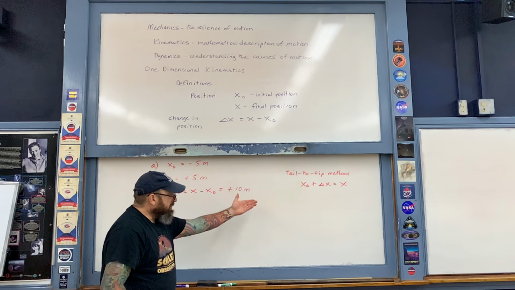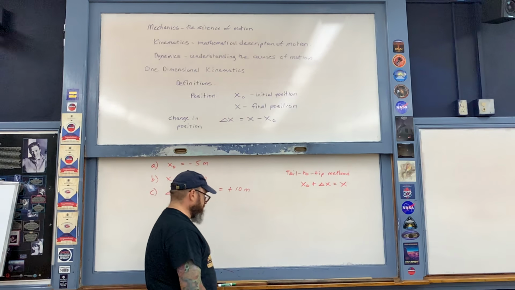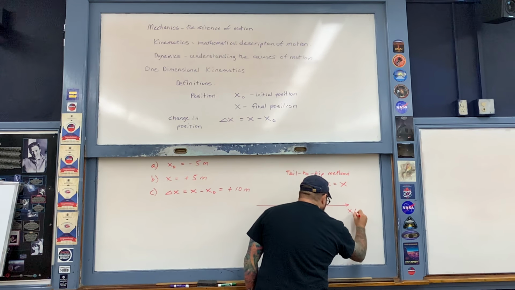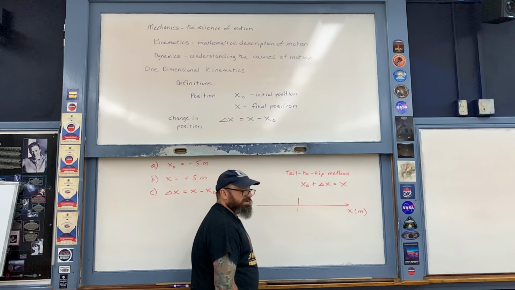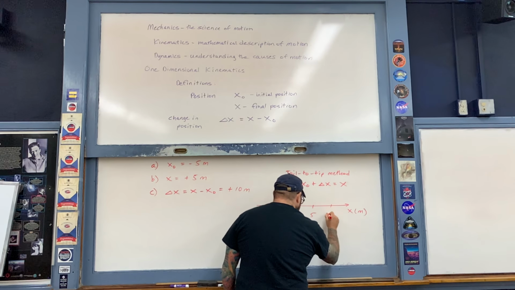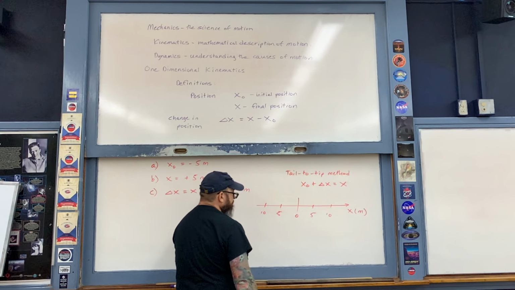Now here's what the vectors look like on a number line depicting the tail-to-tip method of vector addition. So here is a number line that represents position in terms of meters. Right here we have the origin, and then we'll say 5, 10 to the right, and 5, 10 to the left, like so.